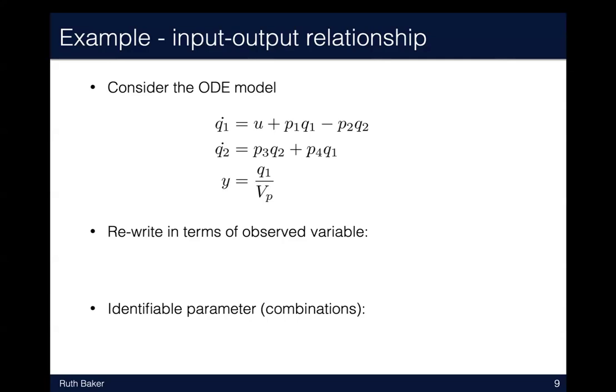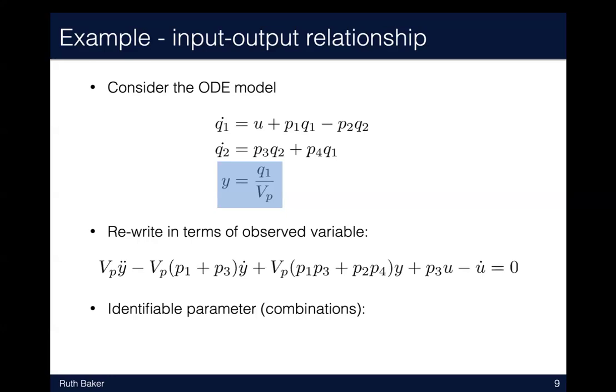So if I want to think about structural identifiability via this input-output relationship, then what I need to do is rewrite my ODE model in terms of the observed variable. So effectively, there's some differential algebra where I differentiate and I substitute, and eventually, after a while, I get down to an ODE that basically describes how my output evolves in time. So it's a higher order equation, and it contains various combinations of the parameters as coefficients.